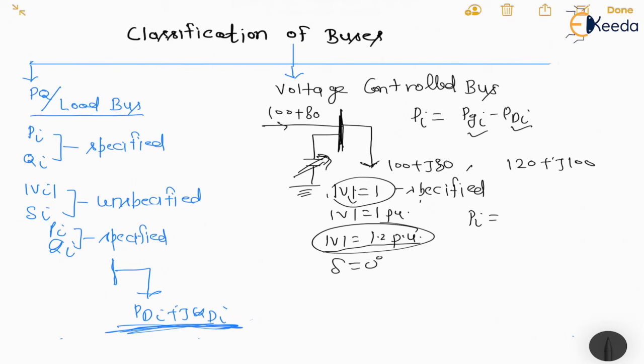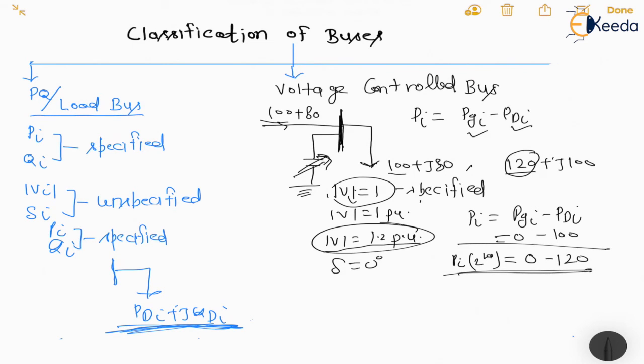But when we write the value of Pi, initially it was 100, but after the load change it becomes 120. So the load is specified, and so is the reactive power, that is Pgi minus Pdi. At first, Pgi minus Pdi was 0 minus 100, and at the second stage Pi becomes 0 minus 120.